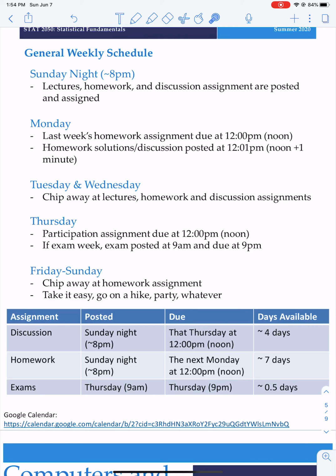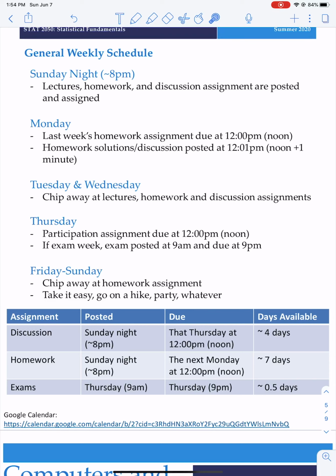You can do it from 9, and it's due at 9 p.m. So a little bit of math there. That's 12 hours. You have pretty much a whole day to do the exam. It will be posted on YO courses. It'll be a Word doc, and then you can print it out, or you can do it on a separate piece of paper, and then turn it in that night.